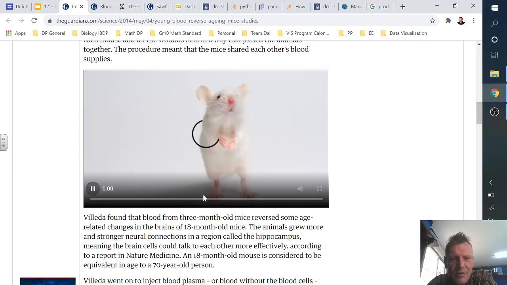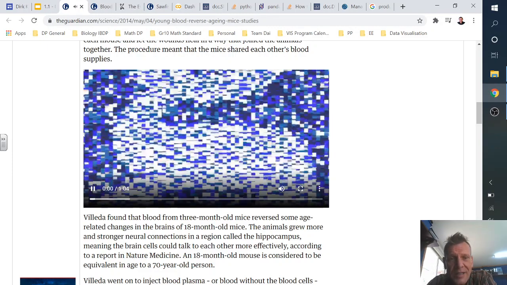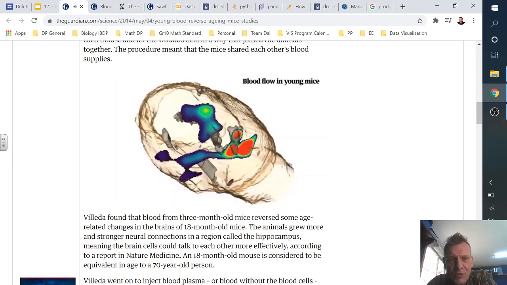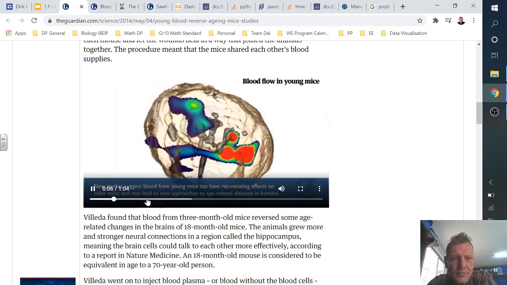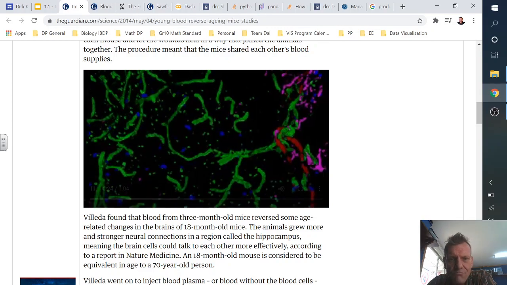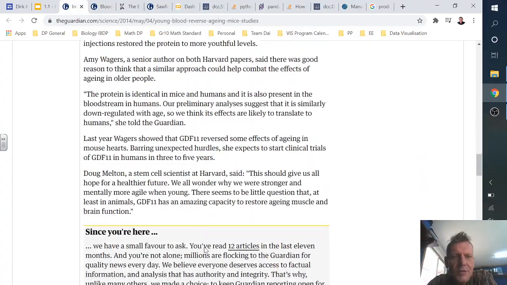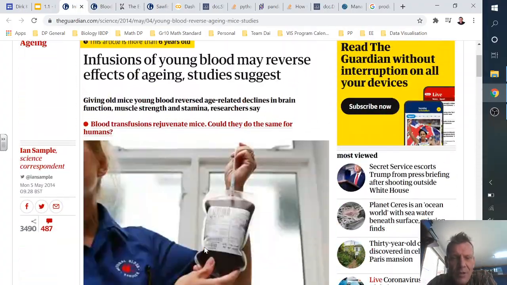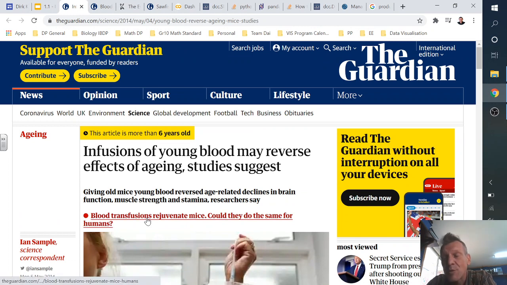Basically, they connect the bloodstreams of two different mice, one old mouse and one young mouse, and then they find that the young mouse gets a little bit older, and the older mouse rejuvenates a bit, and you can measure that by looking at the proteins that flow through the bloodstream.